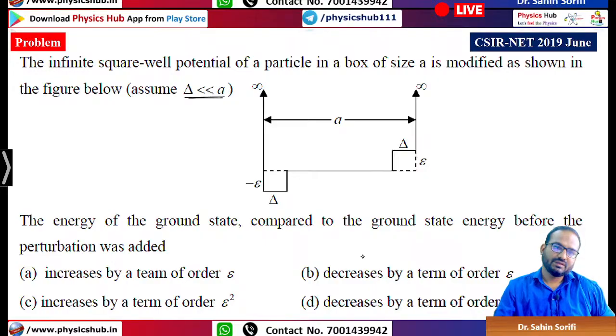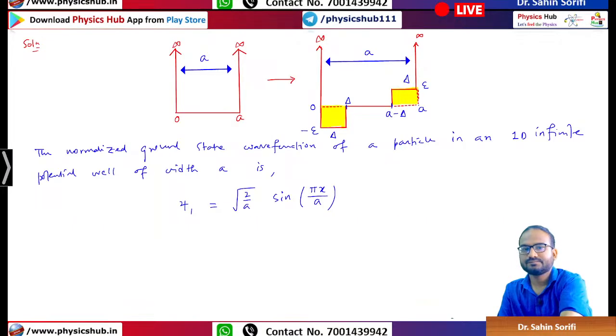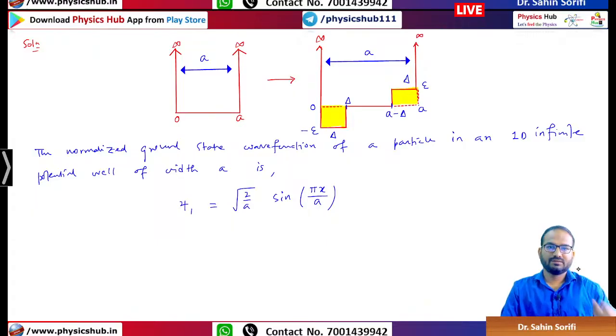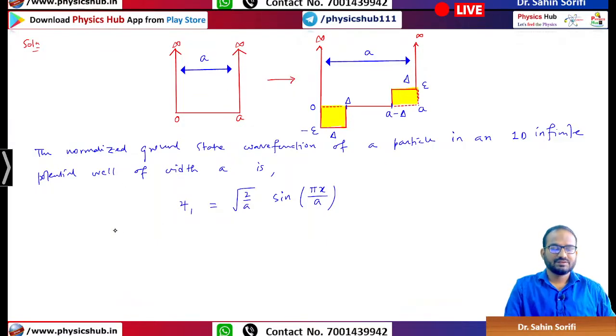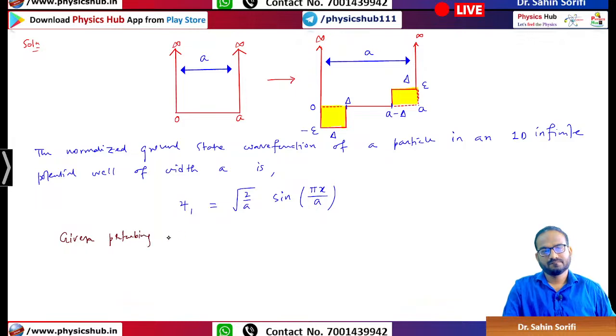Look, in terms of order epsilon and order epsilon square, it means you have to calculate both the first order correction and the second order correction. Okay, so let us first calculate the perturbing potential. It is a little bit changed. Perturbing potential means basically perturbation. Let's denote it by H prime.